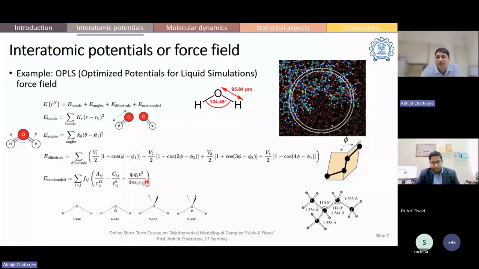So in general, the molecular system is composed of many molecules. Each molecule has bonds and angles and dihedrals, and there can be non-bonded interactions. And we have to add up all these contributions to get the total potential energy of the system.